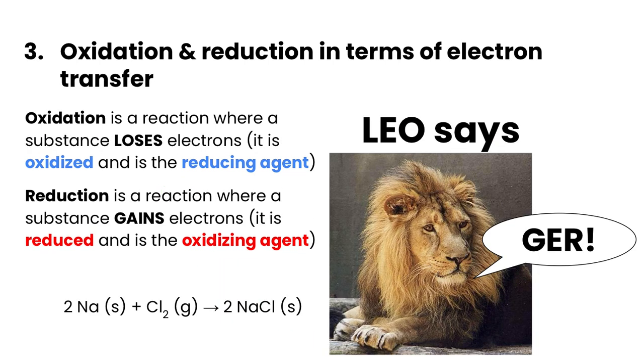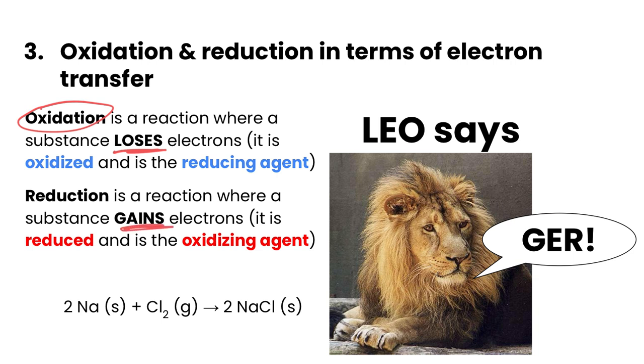Now our third way, and this is what we tend to think of redox reactions as, is in terms of electron transfer. And so oxidation, in this particular definition, is a reaction where a substance loses electrons, whereas in reduction, it gains electrons.